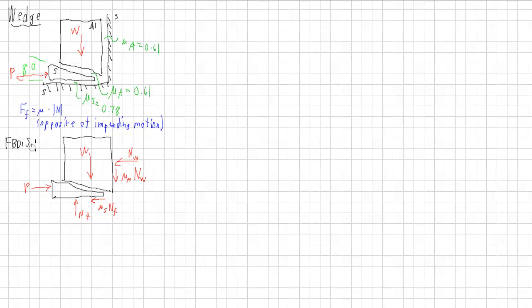of the system. Note that for the system, we know the weight, but we don't know the normal force at the floor, the normal force at the wall, or P. And we've already used our equation of force of friction here, which helped us fill in frictional coefficients here and here, but we still end up with 1, 2, 3 unknowns.